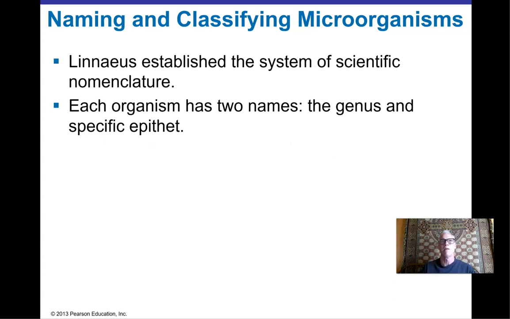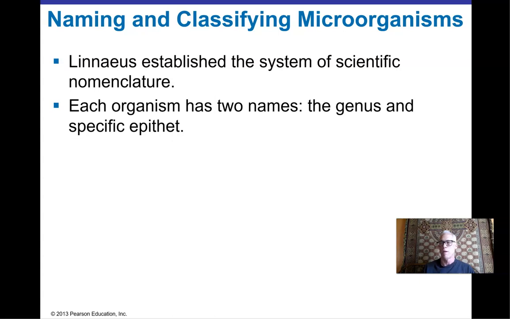Biologists love to classify things, group things, and make it easier to organize our thoughts about them and what we learn about them. And when it comes to microorganisms, Carolus Linnaeus developed a naming system in which each living organism has two separate names, a genus and then a specific epithet.